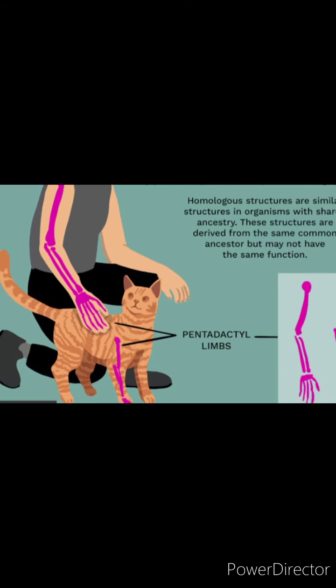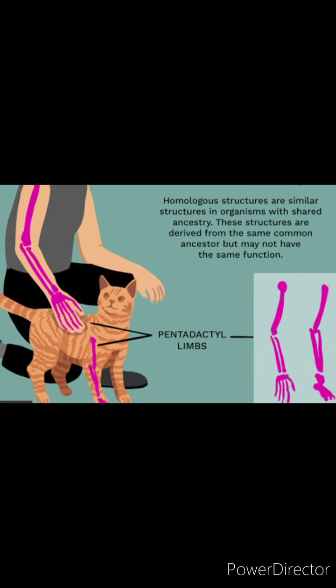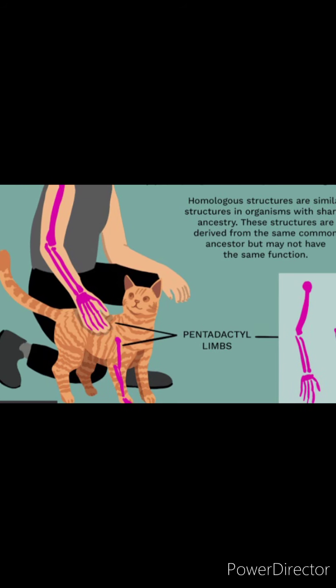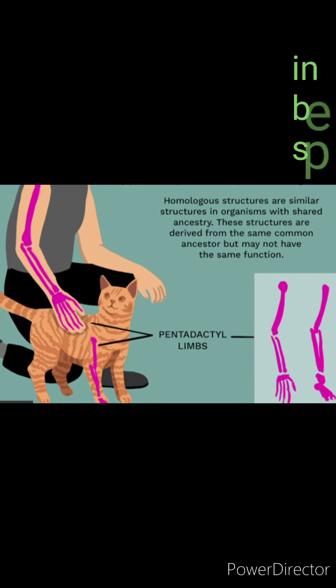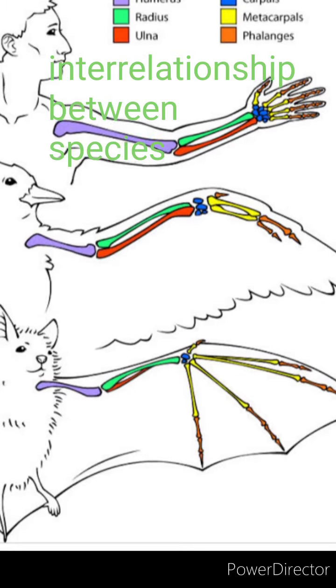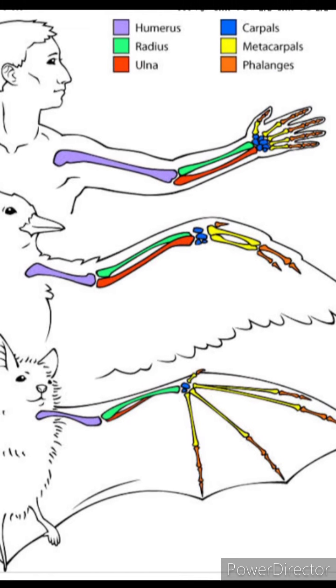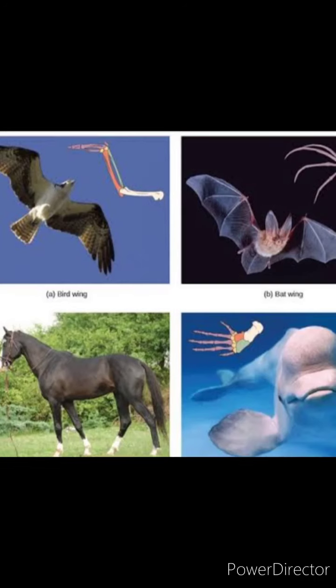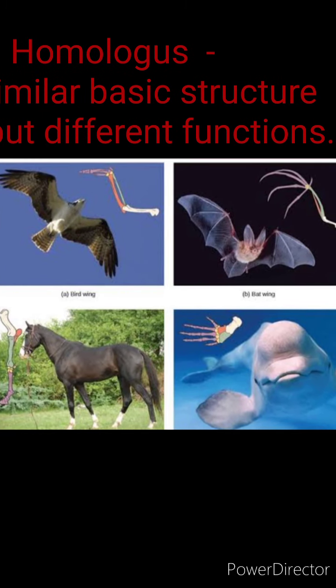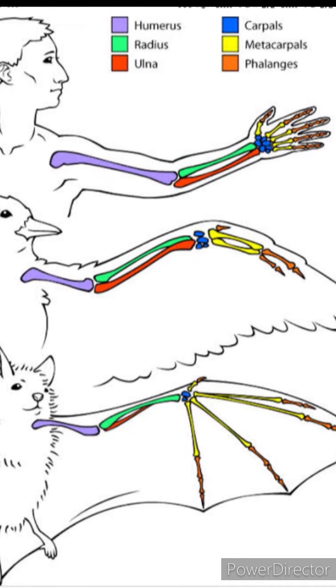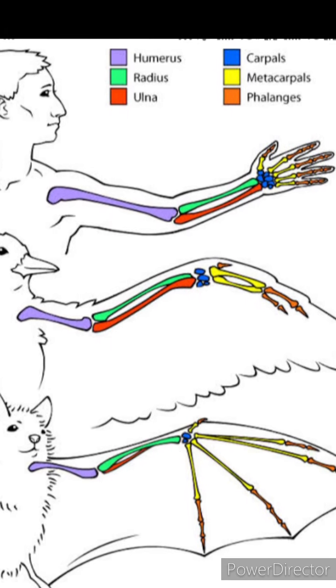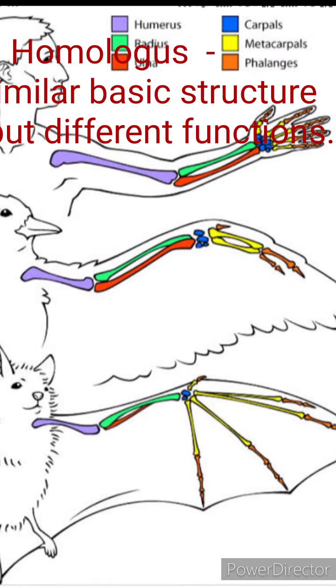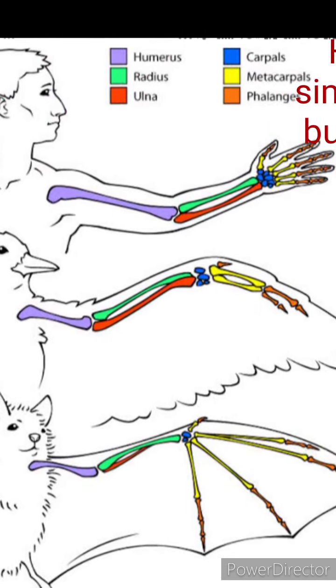For example, features of animals that share similar physical and genetic sequences lead to them being closely related, as you can see in the picture: the wings of a bat and the arms of a human have homologous structures, meaning similar. So they bear a closely related relationship with each other. You can see in the picture the homologous structure of a human arm and the wings of the bat.